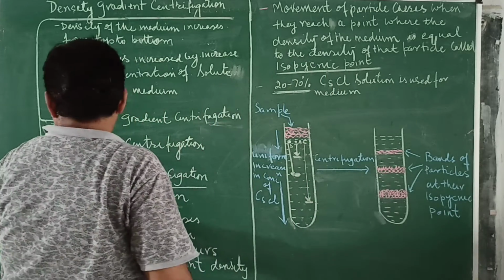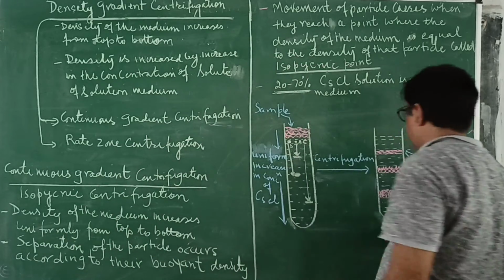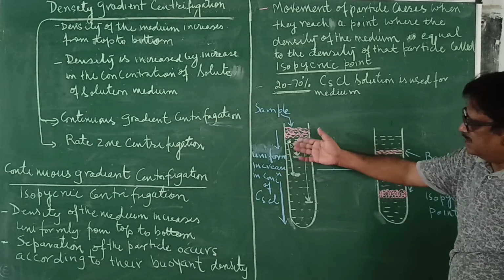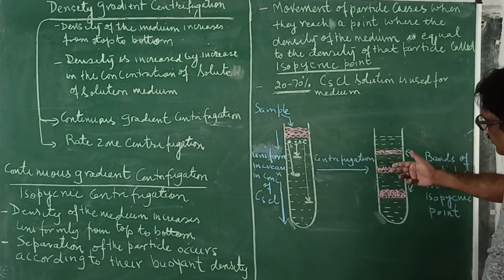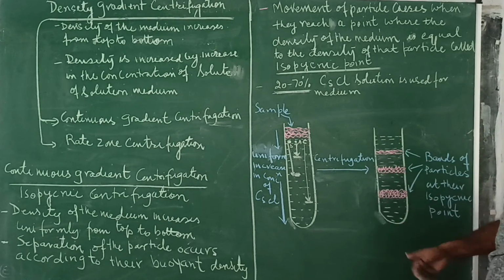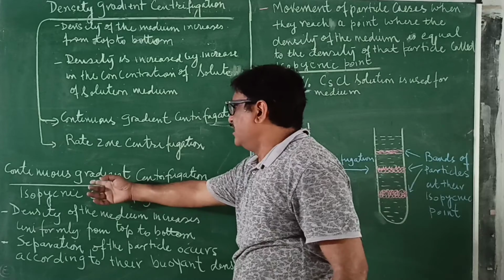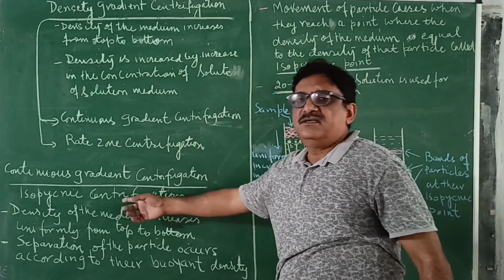That is why it is known as isopycnic centrifugation. And then all the particles having different density will form different bands and get separated from each other. So this is the basic idea of continuous gradient centrifugation, also known as isopycnic centrifugation.